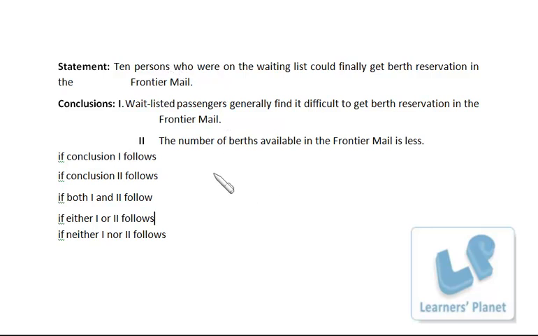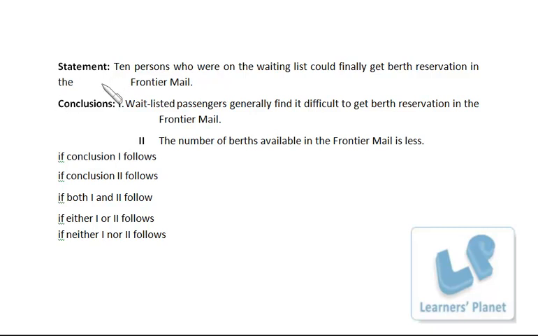So you have to read the statements and find whether the conclusion can be drawn from the given statement. Okay, so let's take this one.